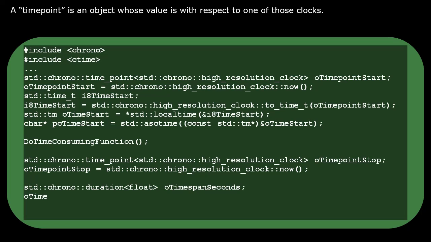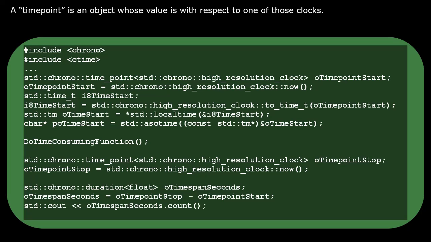A duration is a software object that represents the difference between two time points. This count function casts from a duration object into a float value.